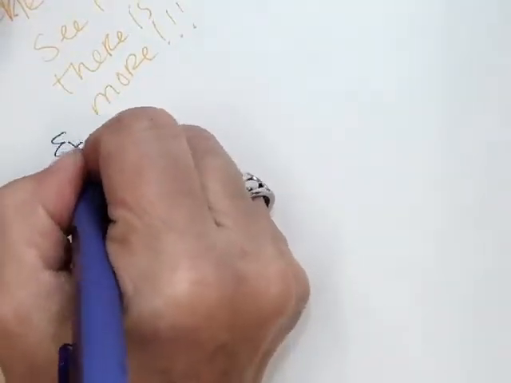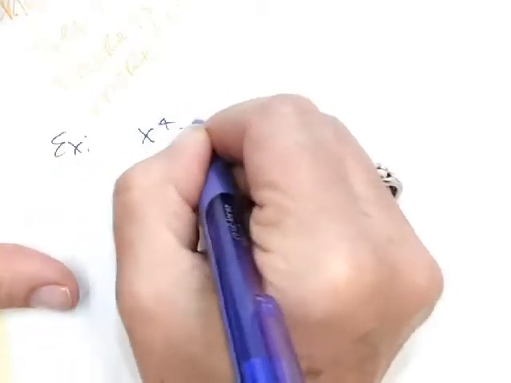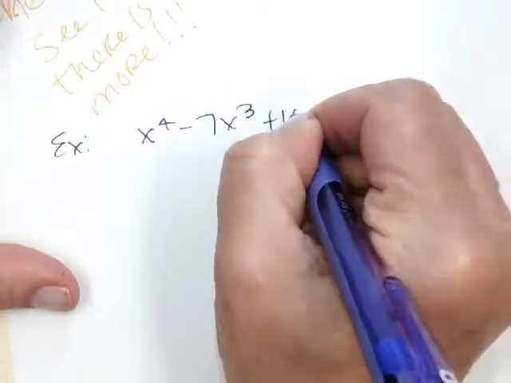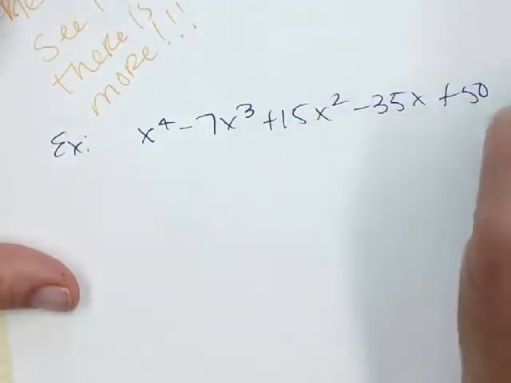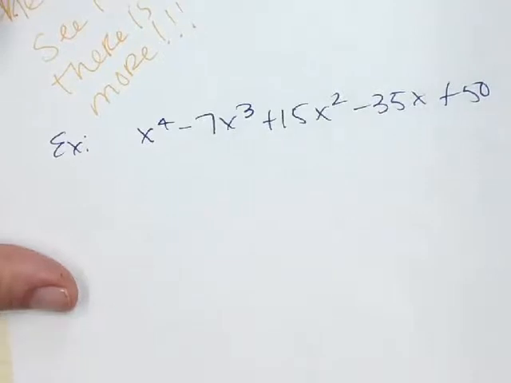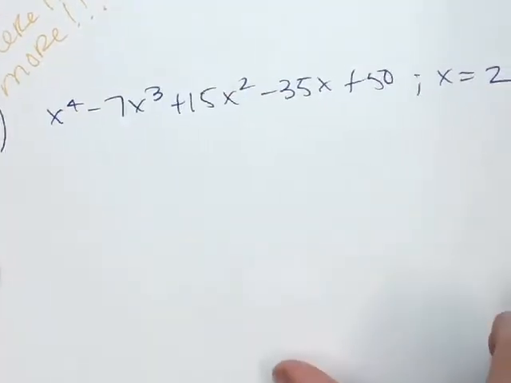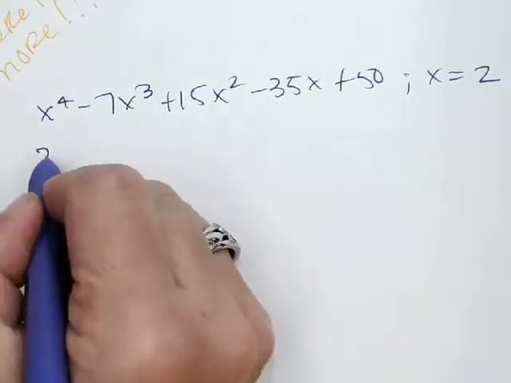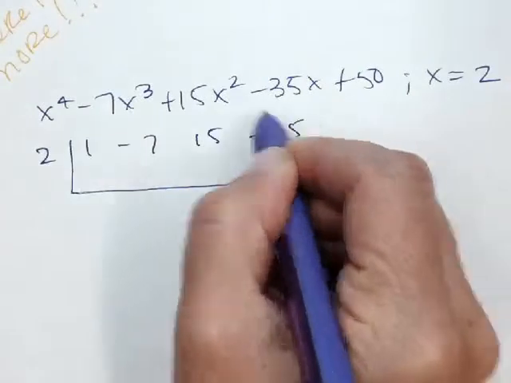Okay, let's do another one. I've got x to the 4th minus 7x cubed plus 15x squared minus 35x plus 50, and x is equal to 2. Of course it is. So let's do the division. 3, 2, 1.